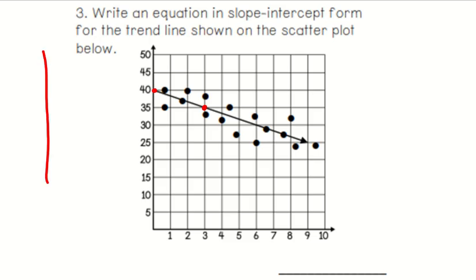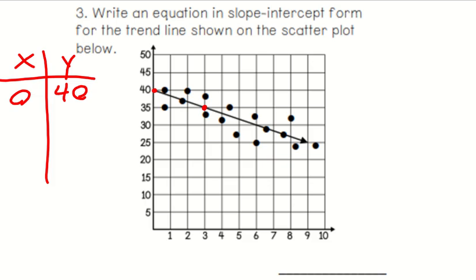So on Desmos, make a table. Everybody click to make a table on Desmos. On your x values, we're going to put 0. Y value, we got 40 for that first point.